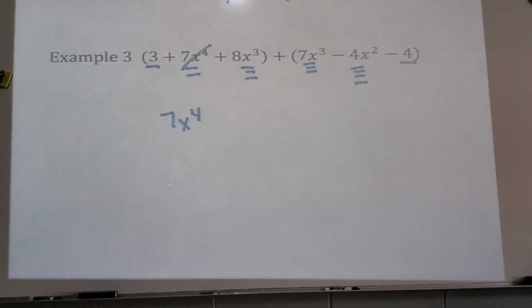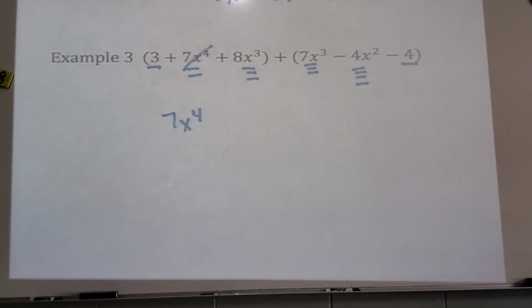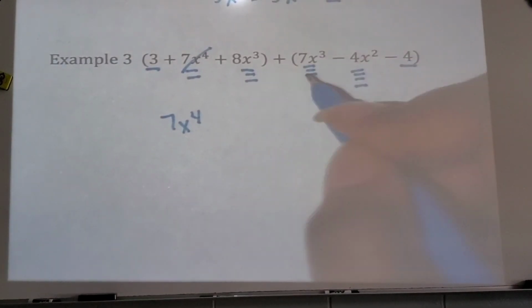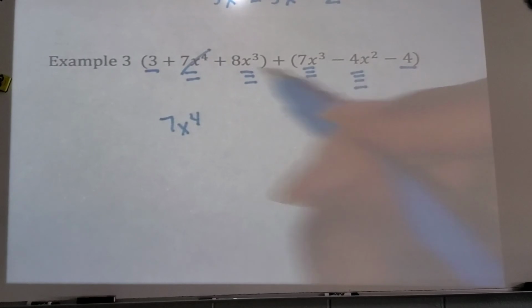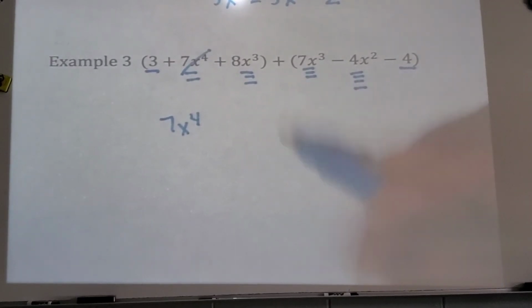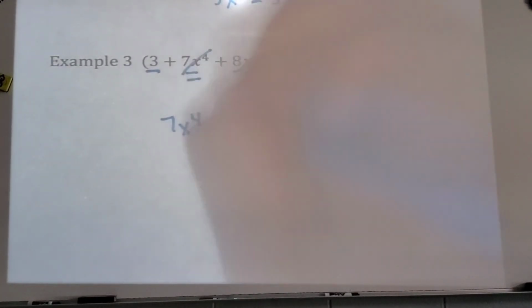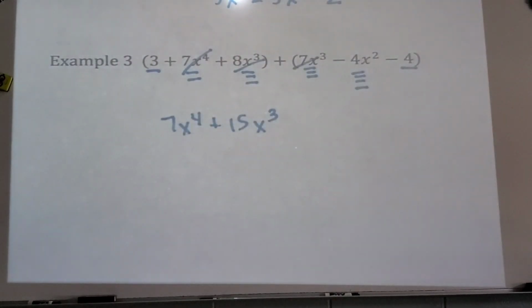The next thing, I'm going to look at my x to the 3rds. I have 2 of them. They're my 3 lines. So I take 8x to the 3rd, I add it to 7x to the 3rd. That's going to give me a positive 15x to the 3rd.